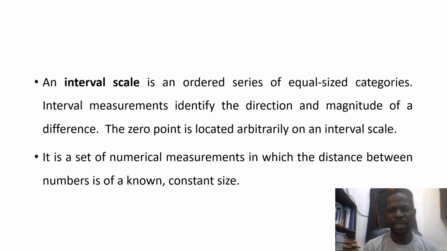That means there are equal sized categories. Between the first and the second person, and the second and the third person, the size between them is the same, from first to second, second to third, third to fourth. There is an equal size difference between them.